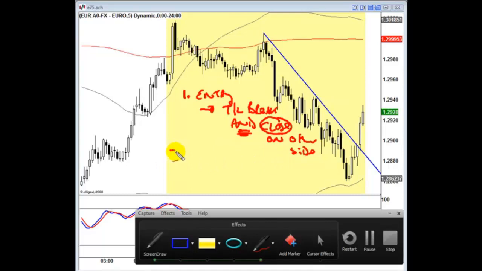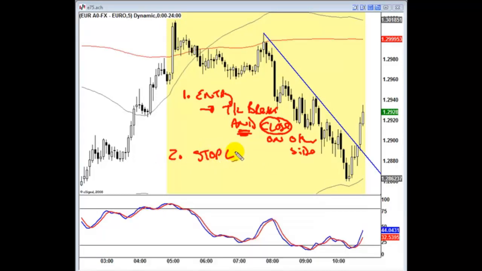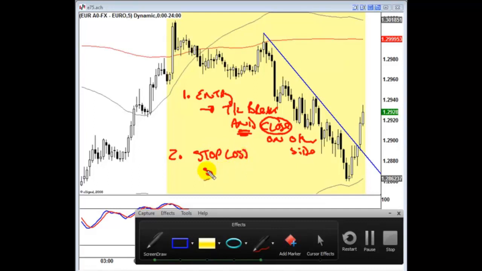The second principle that we've talked about is the stop loss should be 5 pips above or below the reversal point. So two things we've talked about so far.